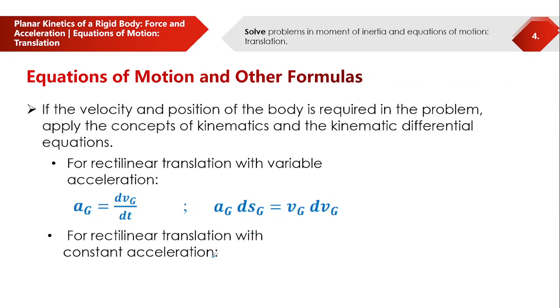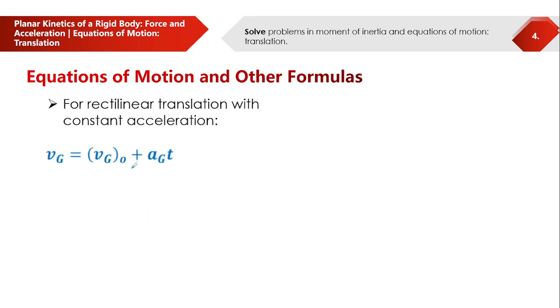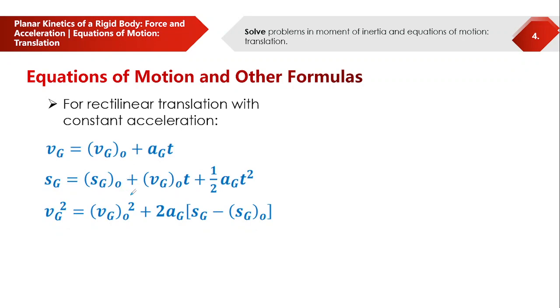For rectilinear with constant acceleration, you can have this formula that we already derived. Okay? So for curvilinear translation, you can have the normal component of the acceleration to be v squared over rho, and rho is, again, solved using differential equations.